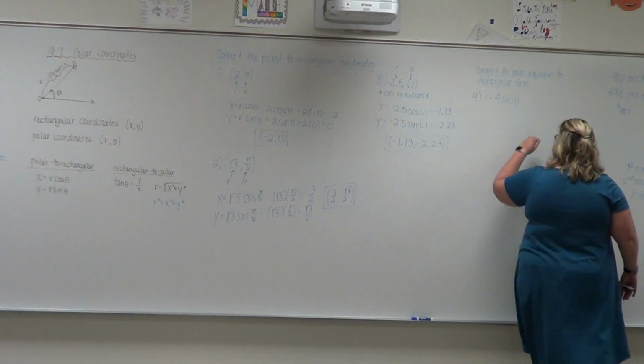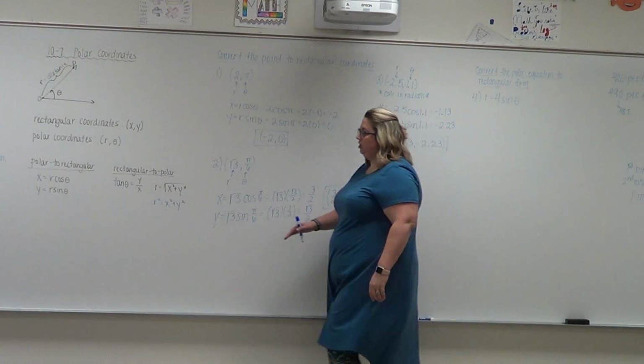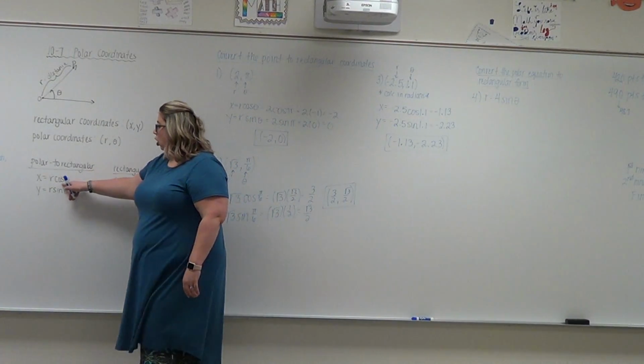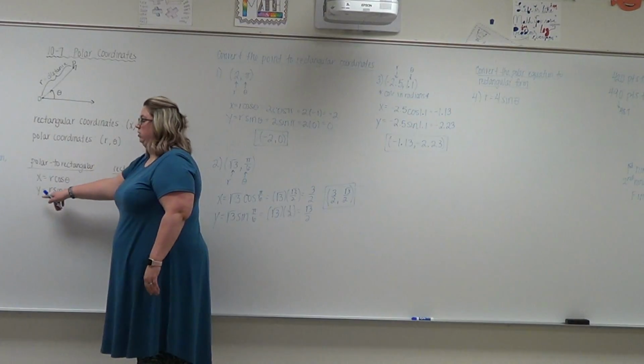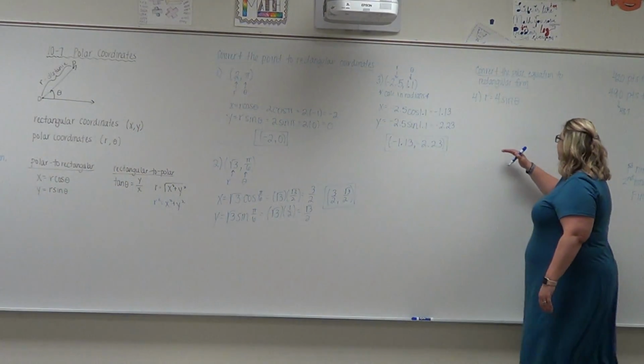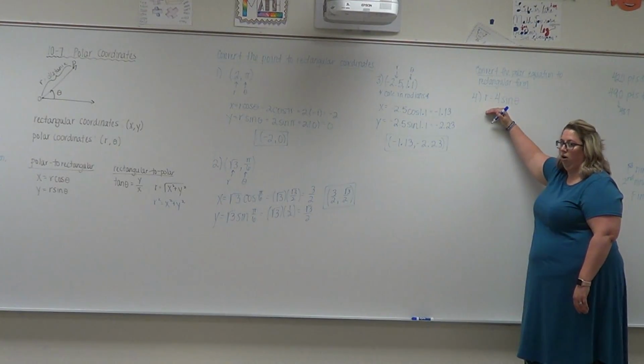Anytime you see a sine or a cosine, the only things over here that have sines and cosines are these. I can replace r cosine with x or r sine with y, but this isn't r sine. But I can make it be r sine if I just multiply by r.